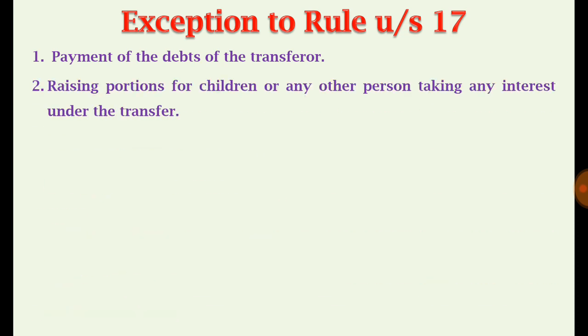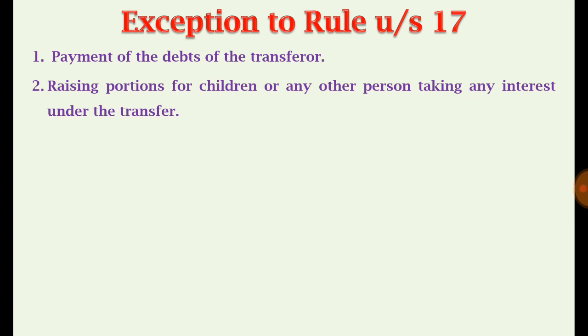Second exception is raising portions for children of the transferor or any other person who is getting an interest under that document or transaction. For that also the accumulation of income can be made. Any share of the income can be given to the children of the transferor or any person to whom he directs.